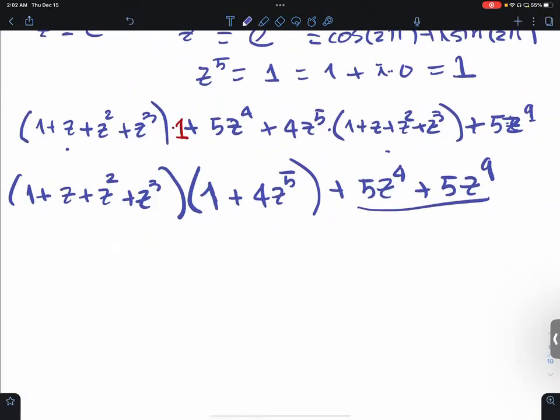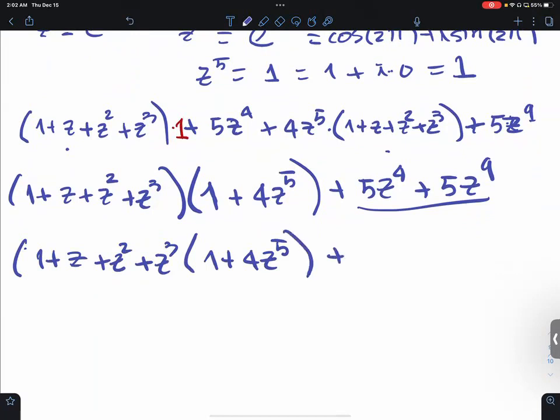And from these two, I'm going to factor 5. I'm going to leave 1 plus z squared plus z to the 3rd, 1 plus 4z to the 5th, plus I will factor out 5z to the 4 also, and now I will have 1 plus z to the 5th power here.